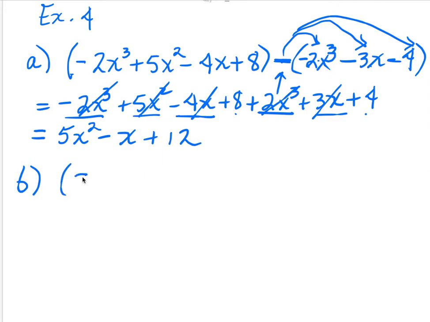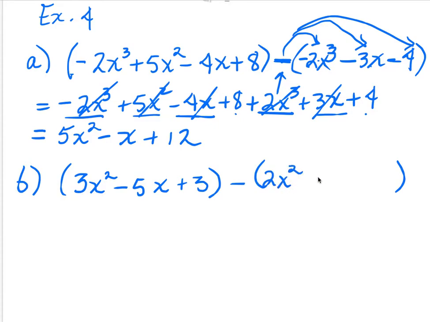It's pretty much the same thing as what we were doing, except we still distribute that negative through, then line everything up vertically and add like terms. So this polynomial, 2x squared minus x minus 4, is subtracted from this whole other polynomial, 3x squared minus 5x plus 3.